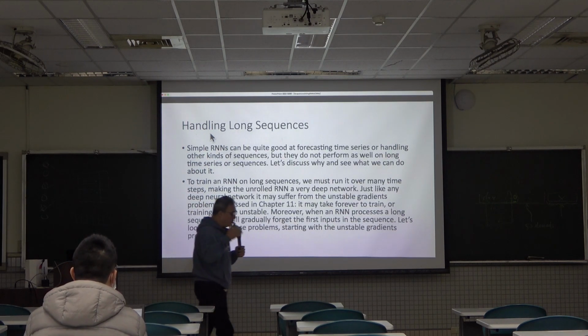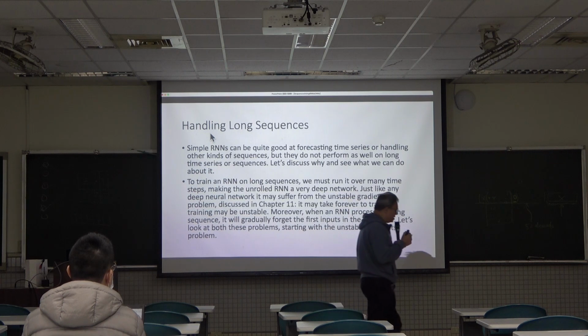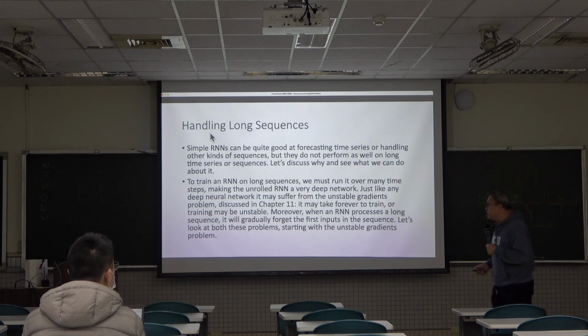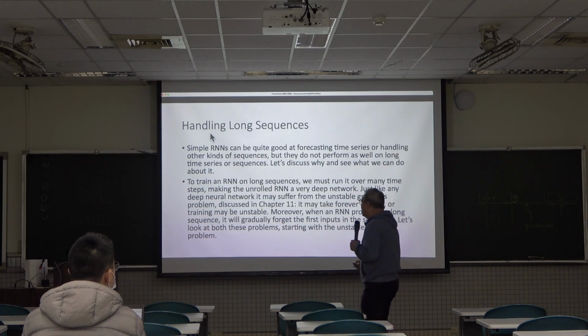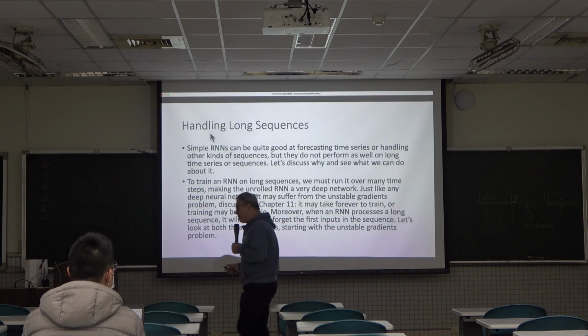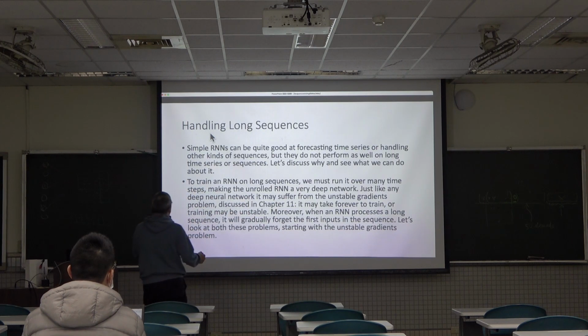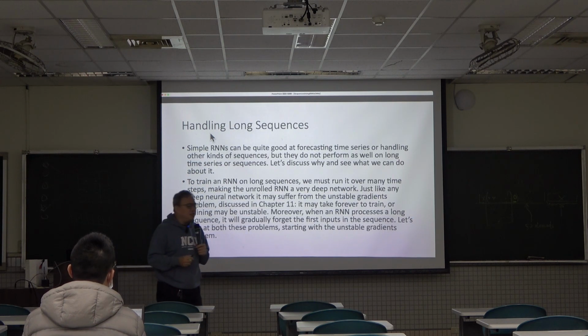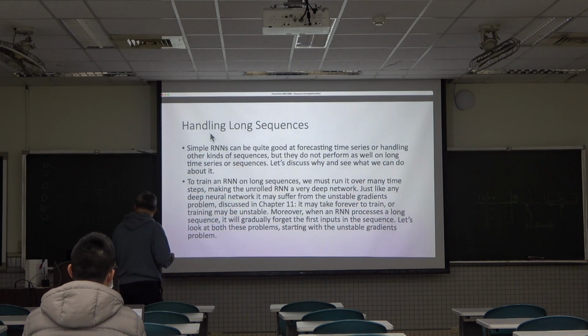So at this point we finished a lot of discussion, but as I mentioned at the beginning of this chapter, RNNs have some issues that we need to deal with.